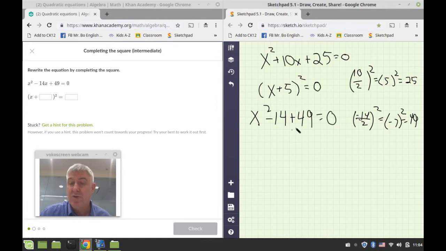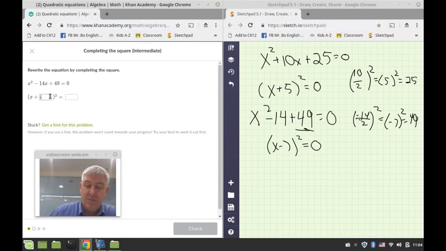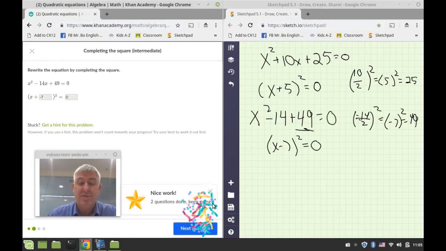So we know our constant over here has to be 49, and it's already 49. So we're just going to move it into squared form, and it's x minus 7, and we'll still keep the 0. We haven't changed anything. We're going to need to change this sometimes. The first couple ones are not very difficult.